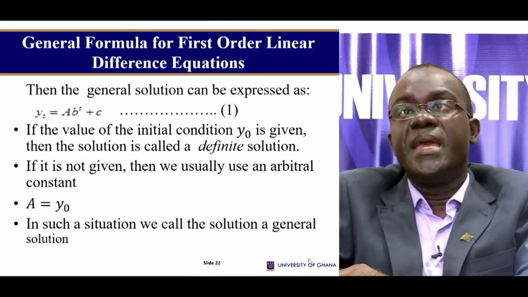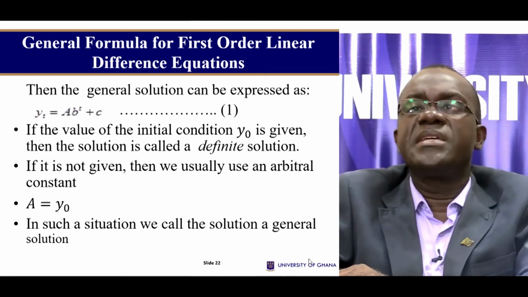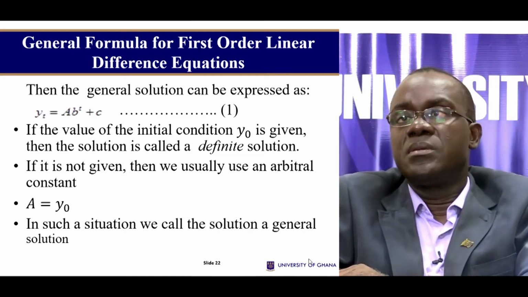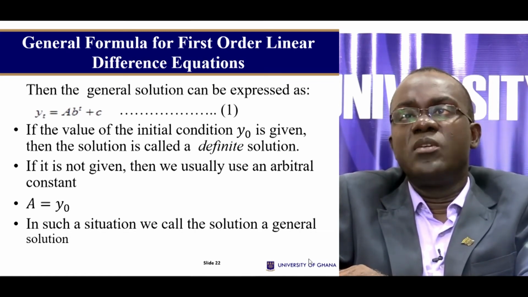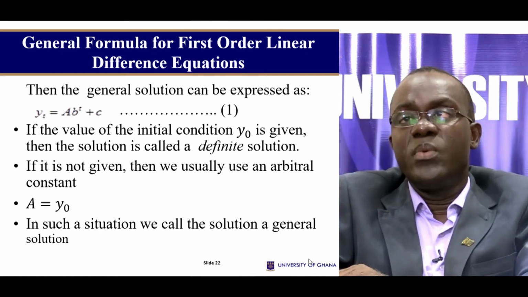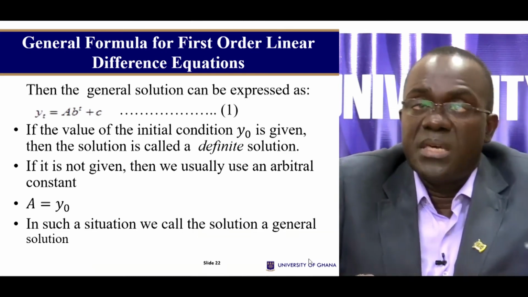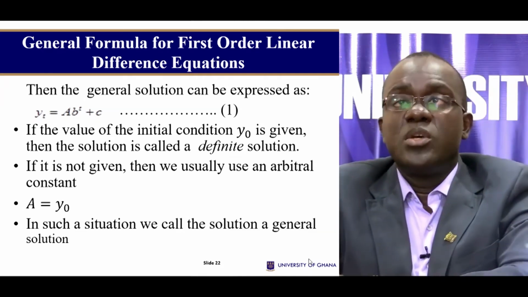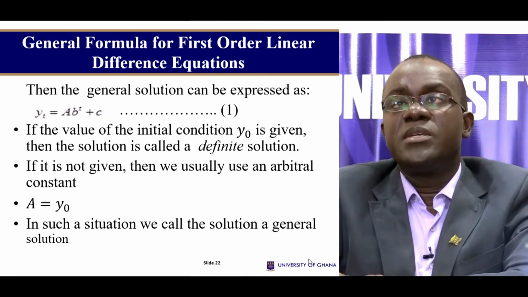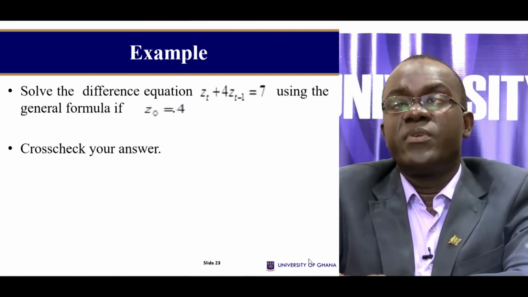In many cases, this is a definite solution. If the value of this initial condition, the y0, is given, then we get a definite solution. In many cases, when it's not given, sometimes we can have a constant which would help us to define this solution.